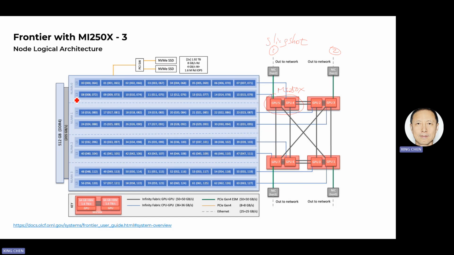Now it's a big one. It has been drawn so big. It's just one CPU, but it has been drawn to show the details. And you have these 512 gigabytes of memory.